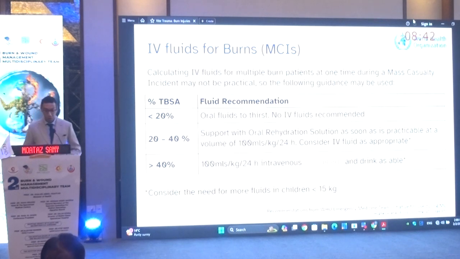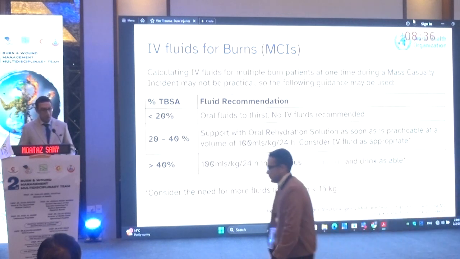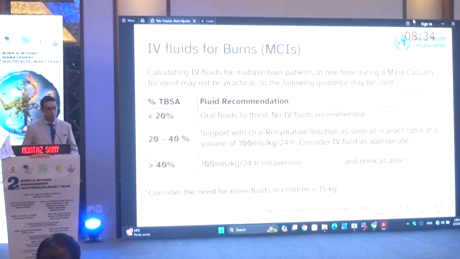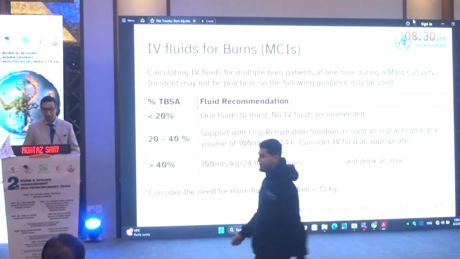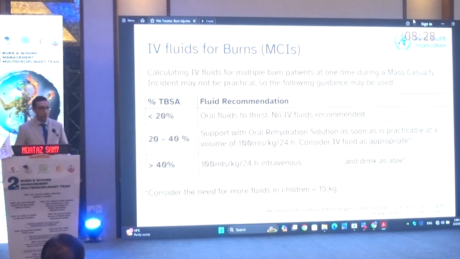We give ORS at a volume of 100 milliliters per kg per 24 hours. Above 40%, we give 100 milliliters per kg per 24 hours of intravenous crystalloid and drink as able. Consider the need for more fluids in children below 15 kilograms.